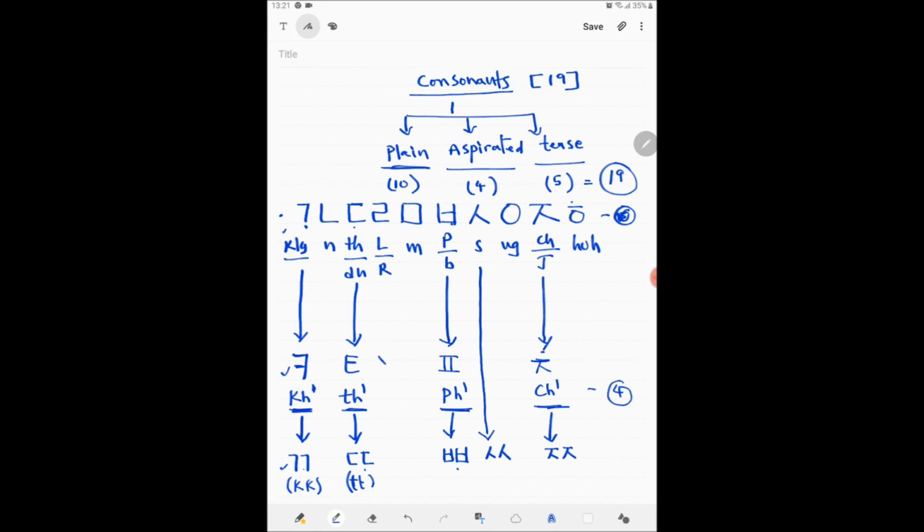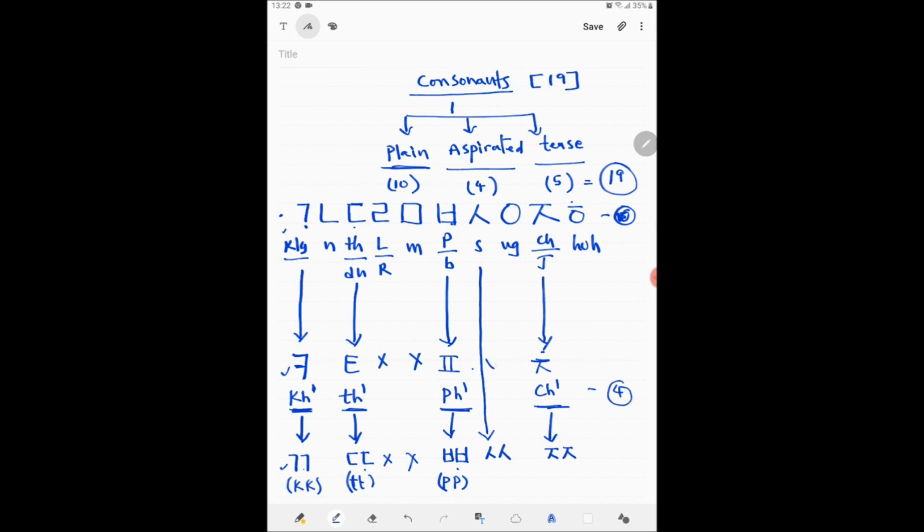You do not have aspirated and tense forms for l or m, but you have aspirated and tense forms for p. So it is p, p', and pp. The tense is just two times the plain consonant, so you only have to sustain it for a little bit of time, that's it.